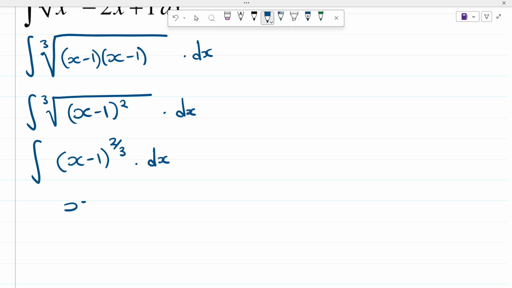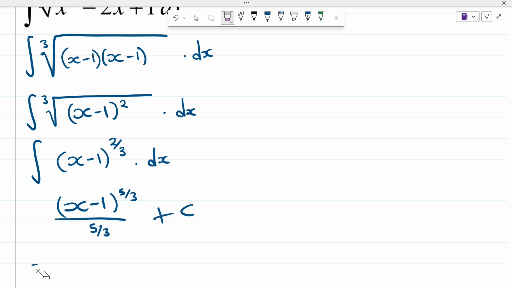So let's just integrate this using the general power rule. This is going to be x minus 1 to the power 2/3 plus 1. When we add 1 to 2/3, we get 5/3. So this is going to be divided by 5/3 plus c.